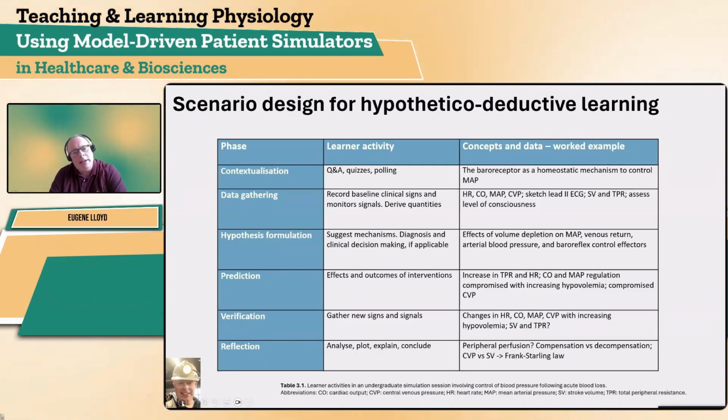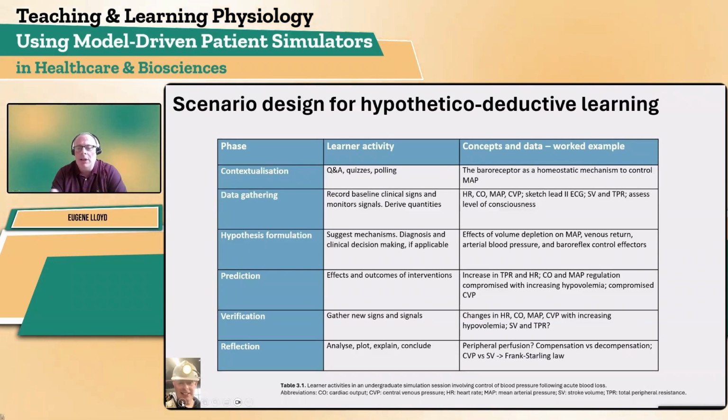So this slide really is looking at the stages involved in our simulation, and we talk about this much more in the book. But as I said, it's based upon the hypothetico-deductive model, and in particular, the use of model-driven simulators is very useful in this, because it means that the instructor doesn't have to worry about things such as heart rate and cardiac output and mean arterial pressure changing appropriately, because the modeling, as Willem has just described, does that for us.